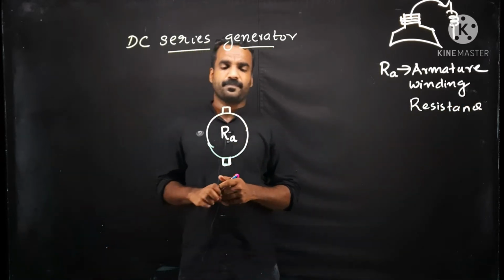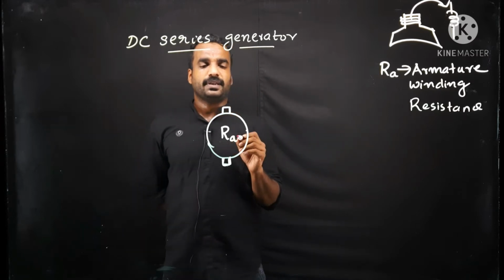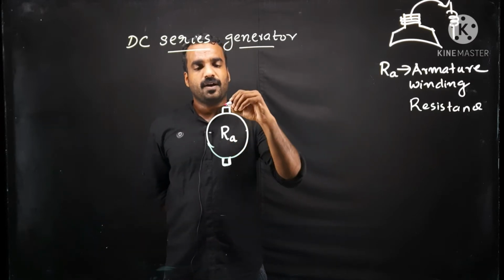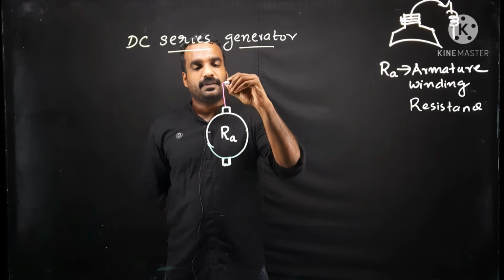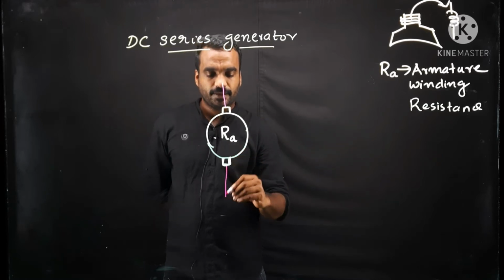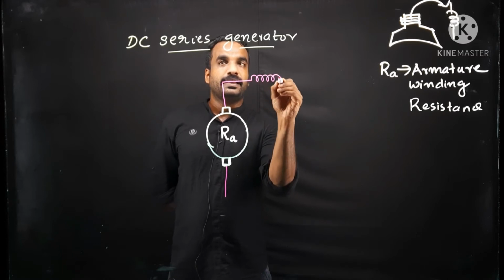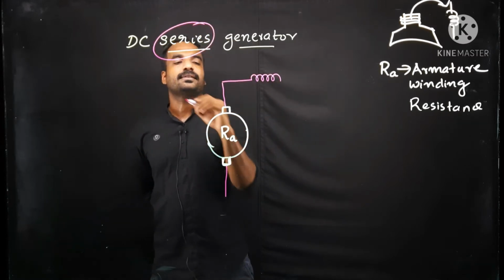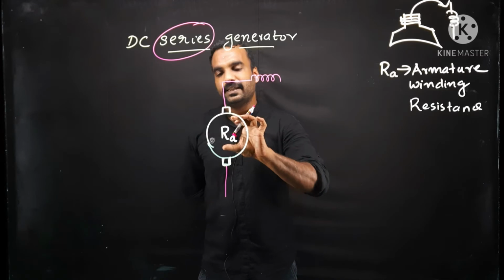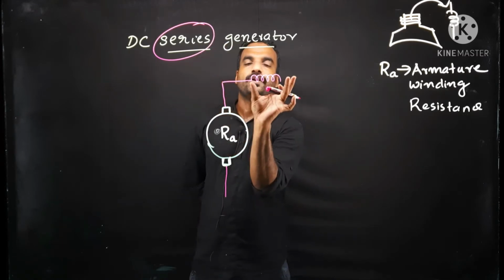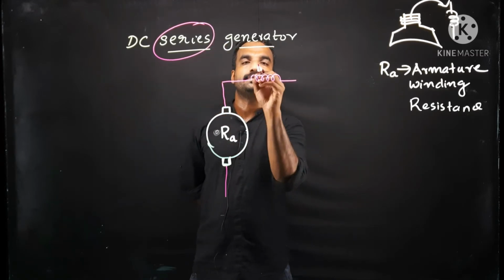Now, we have to connect the armature winding to which winding? Field winding. As it is a series generator, this connection should be series. If the armature winding is this, we have to connect the field winding in series.